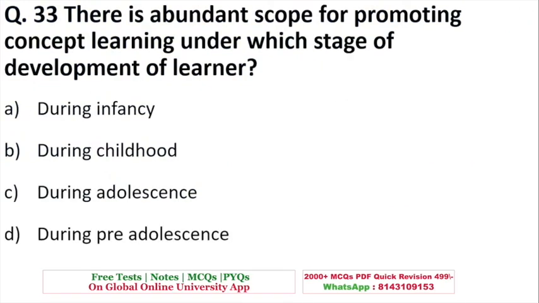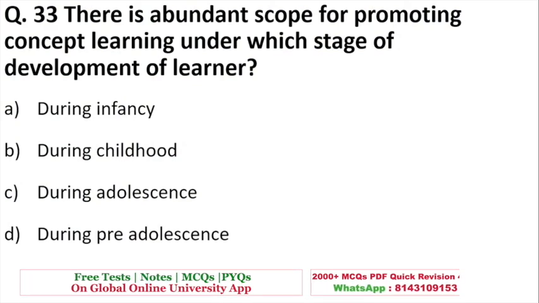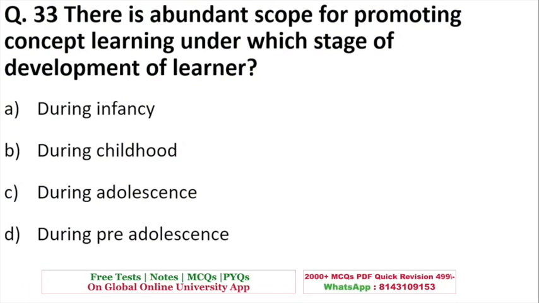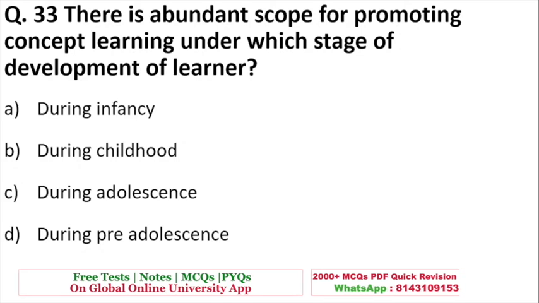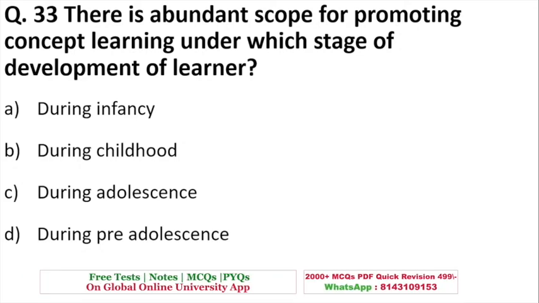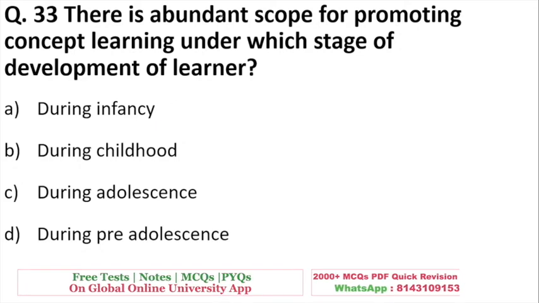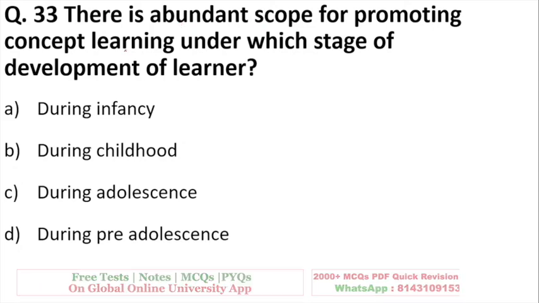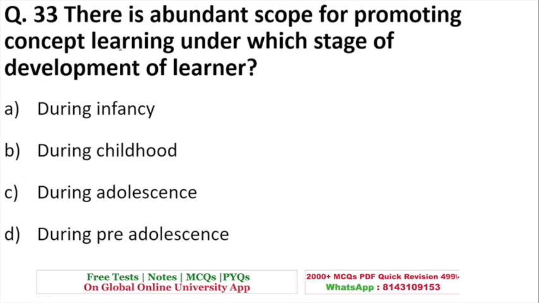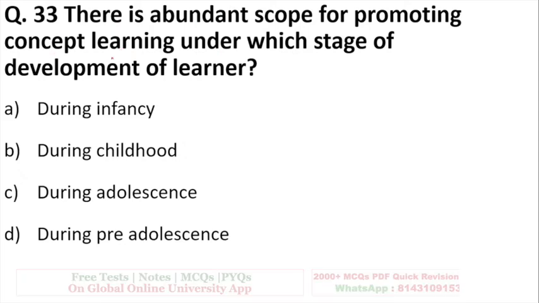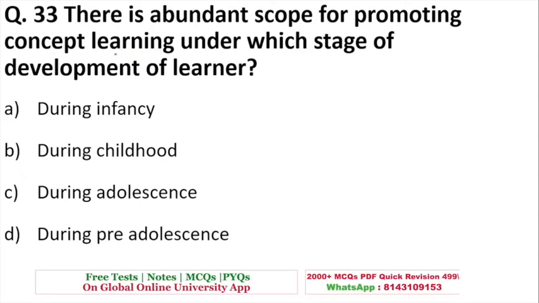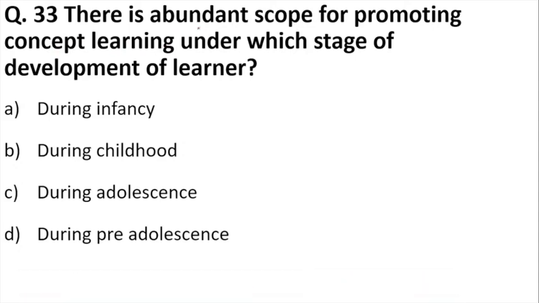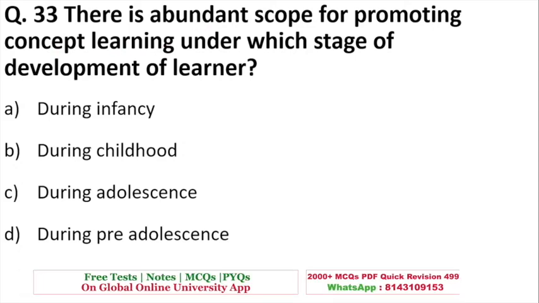There is abundant scope for promoting concept learning under which stage of development of the learner? Abundant means a lot, a huge amount of scope for promoting concept learning. So at what age is concept learning best, or the scope most for learning any concept?